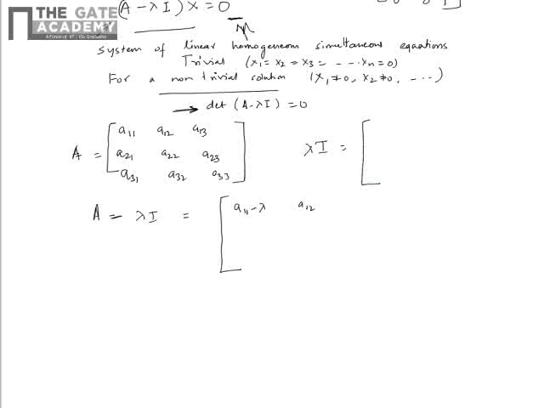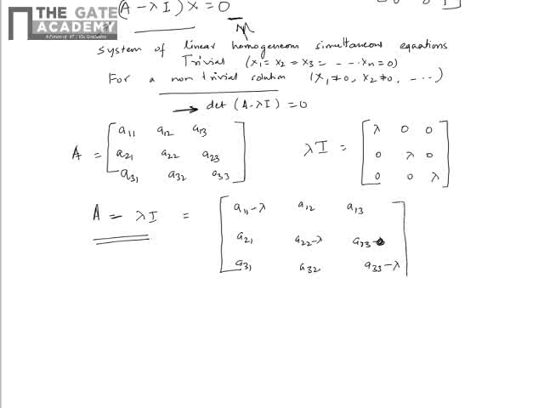Lambda I would be lambda, 0, 0, basically multiplying the identity matrix with some constant. Now if you subtract A minus lambda I, it will be something like this. So all the lambdas will be subtracted only from the diagonal terms.